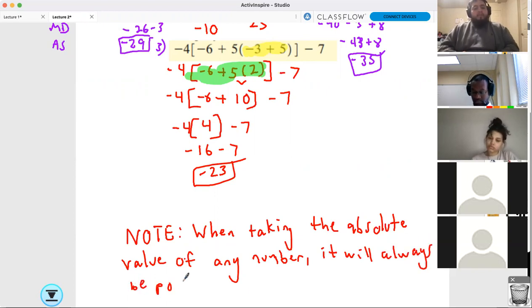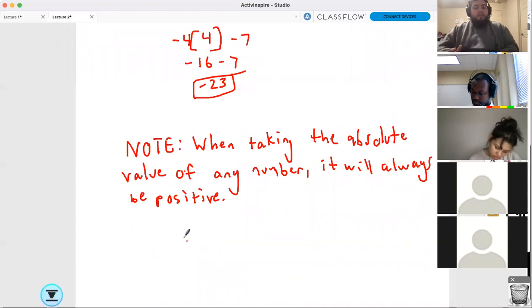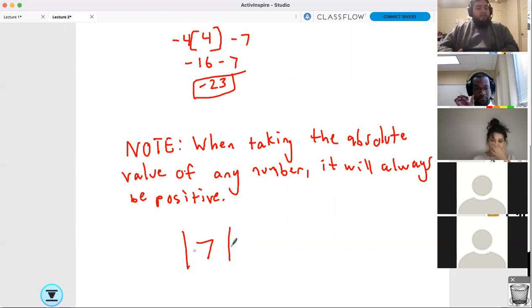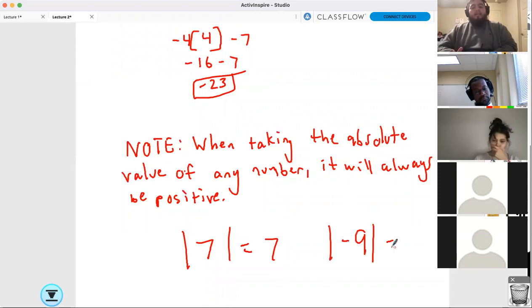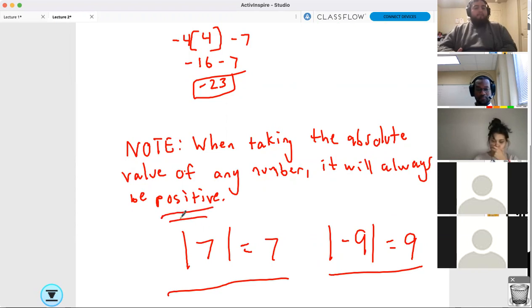And I'm going to give 2 examples of absolute value. So the absolute value is those vertical lines where Jacob thought it was a 1. So make sure they're vertical, by the way. So absolute value of 7, see how the vertical lines is equal to +7. The absolute value of -9 is equal to +9. These are 2 different examples of absolute value, but they always come out positive, okay?